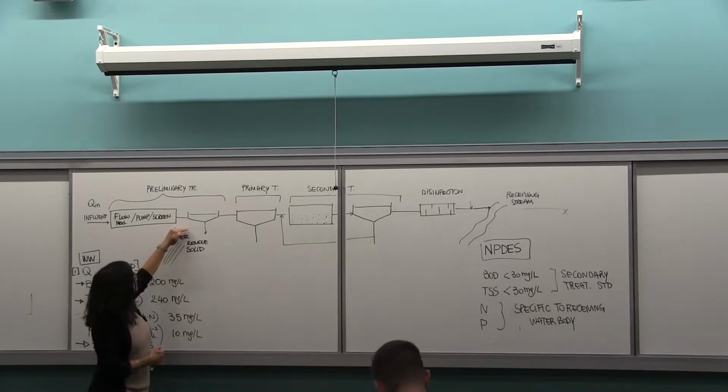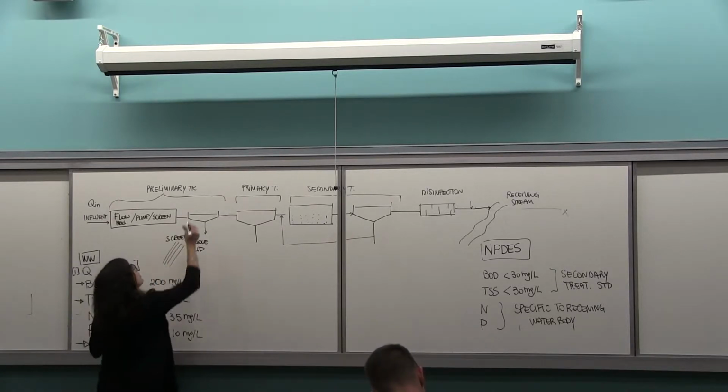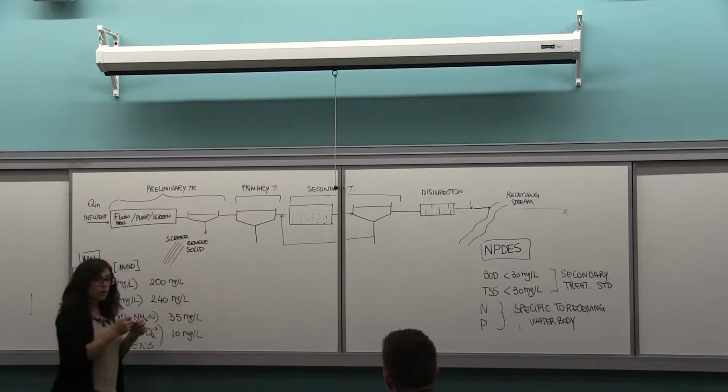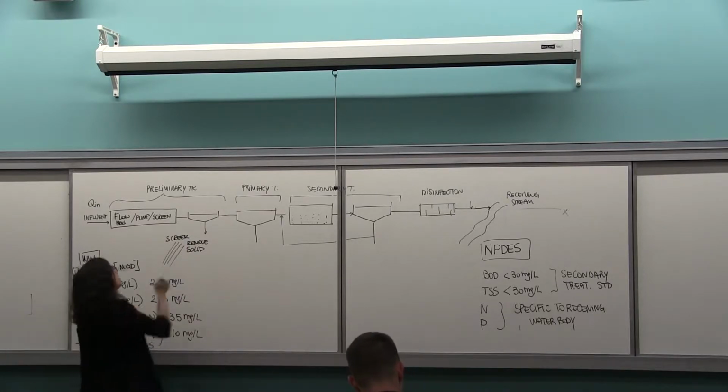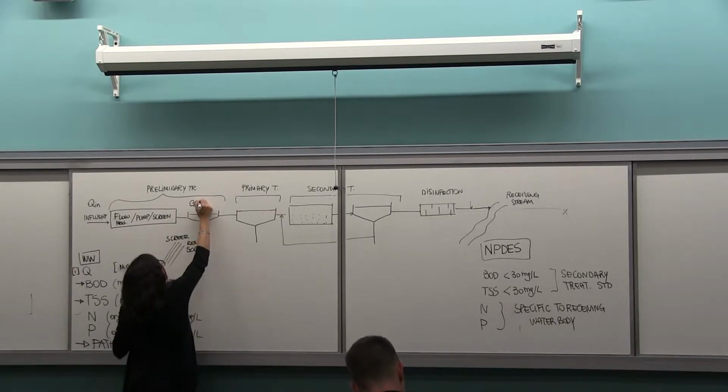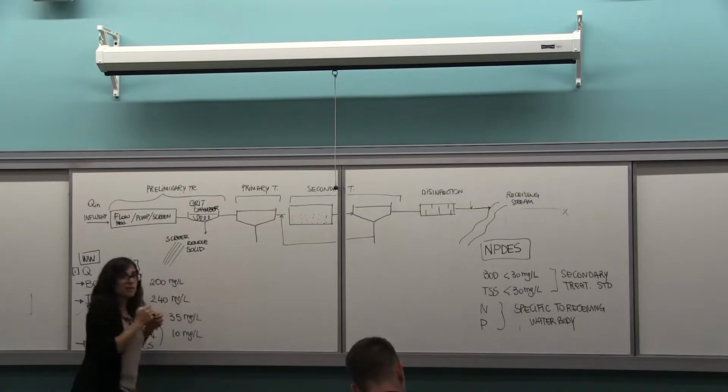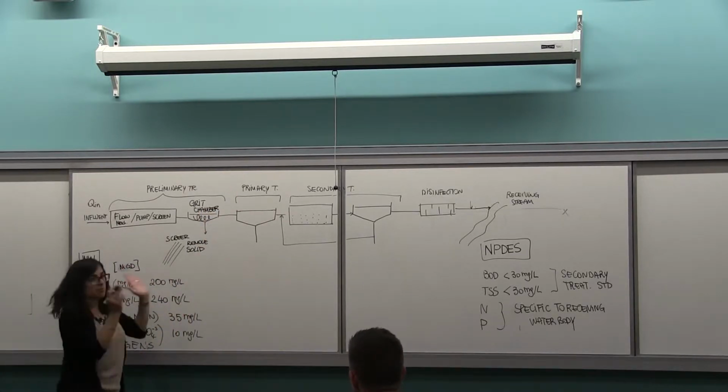Another part of the preliminary treatment: we wanted to remove solids, especially those that can settle fast. So we have a grit chamber, and oftentimes it's an aerated grit chamber.